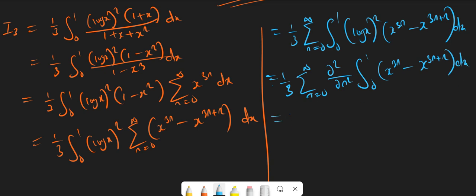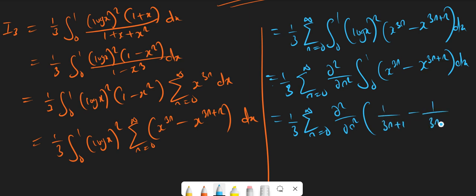So this will be 1/3 of the sum as n runs from 0 to infinity of partial squared over partial n squared of 1 over 3n plus 1 minus 1 over 3n plus 3. Oh, then as well, because if we take the derivative of x to the 3n, we have a factor of 9.